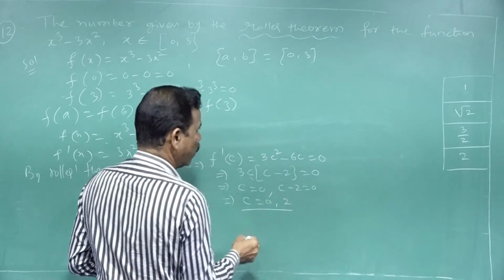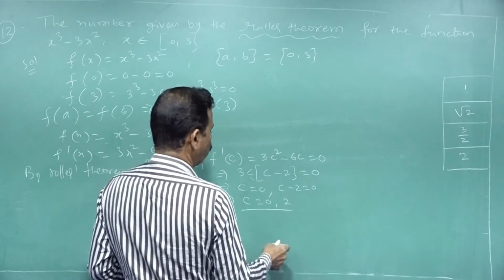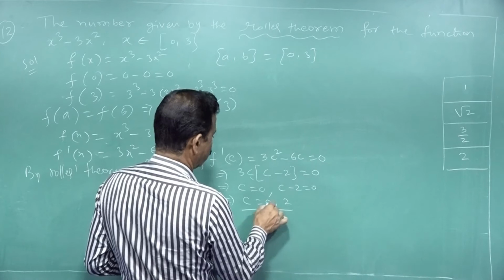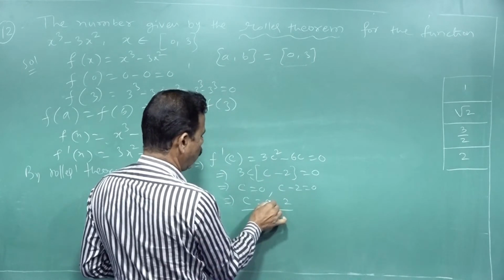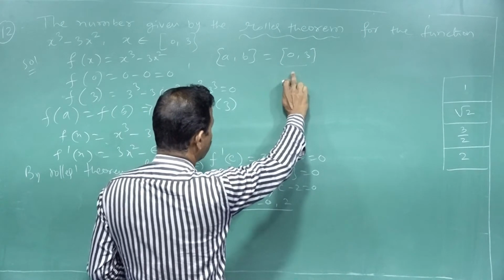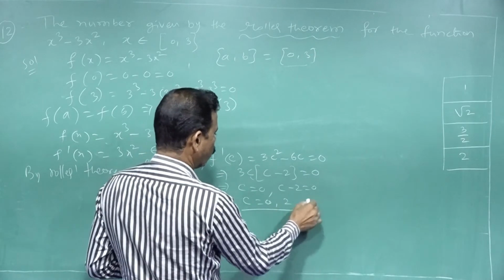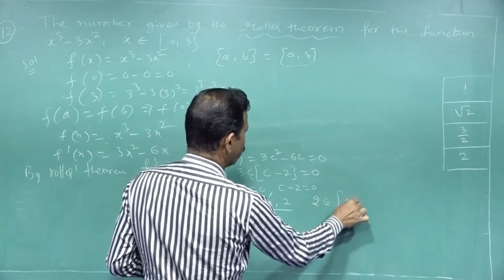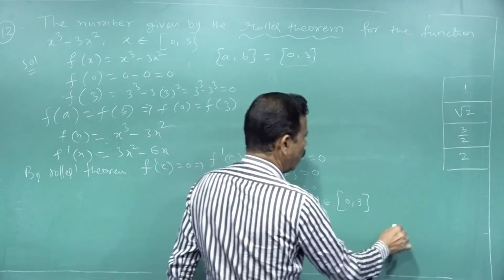So which value is suitable in that interval? The interval is 0 and 3, but 0 is an endpoint, not belonging between 0 and 3. We find that 2 belongs to 0 to 3. So 2 is the right answer.